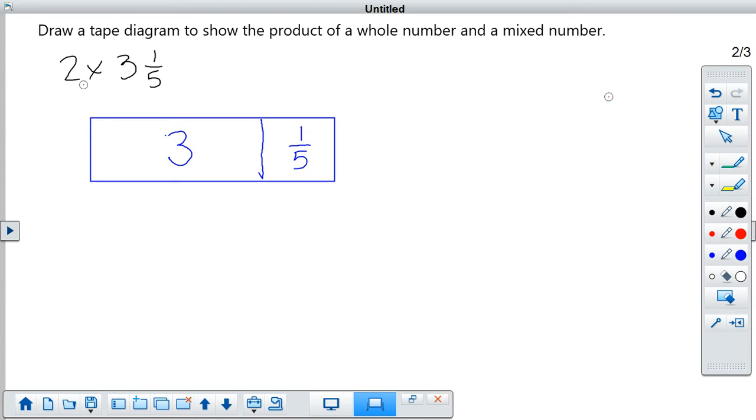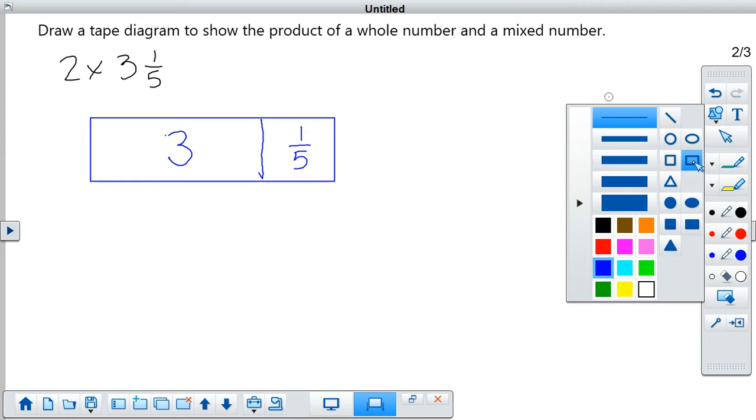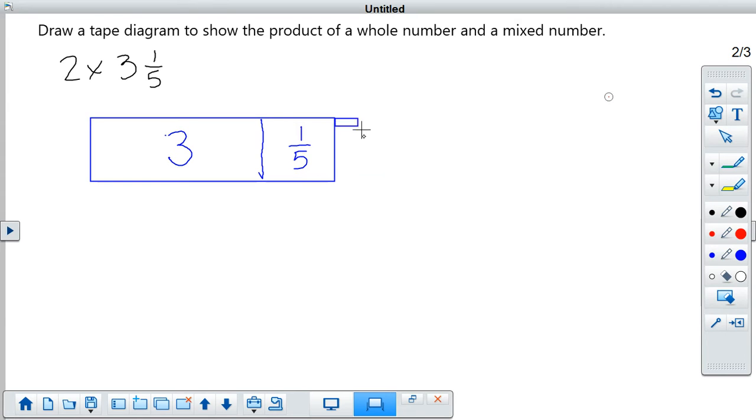But because we're doing 2 times 3 1/5, we would draw one more copy of 3 1/5 as the two parts. So I'll draw another box for a second tape diagram attached, about the same size as the first one. And once again, I'm going to split it. Here's my 3, and there is my 1/5. So now I have two copies of 3 1/5.